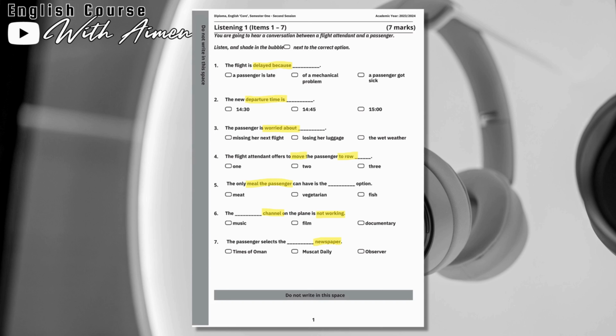Just one more question. Do you have any newspapers on board? Yes, we have The Observer, The Times of Aimen, and Muscat Daily. Which one would you like? Well, I've already read today's Observer, so I'll take the Muscat Daily. Please come and sit in row 3, and I'll bring your bag, as it's almost time to take off. Oh, that's wonderful news. Thank you for being so helpful. My pleasure, ma'am.